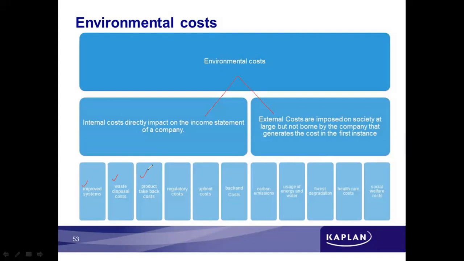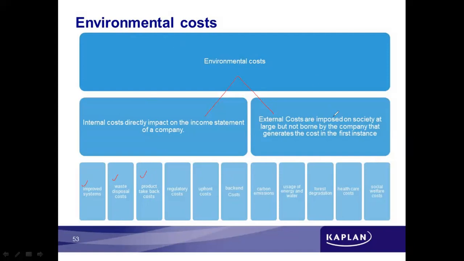Sometimes the equipment cannot be discarded, it has to be dismantled and something done about it. The materials which they have used, there should be some way they decompose, dismantle or discard that. So certain measures also have to be taken to settle all these things. Upfront cost, back end cost, all these things are incurred internally by them.